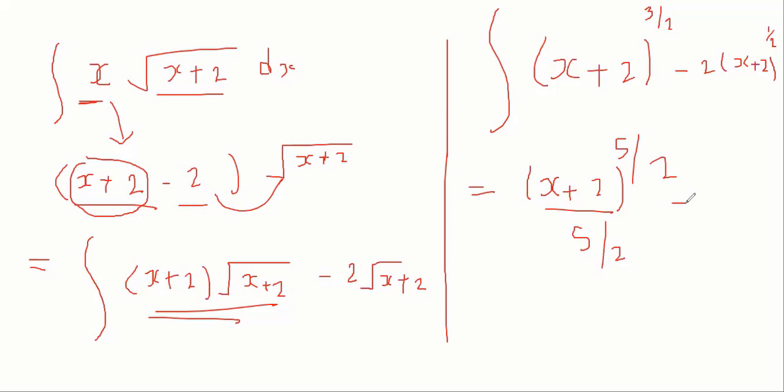Similarly, the integration of x plus 2 power half: half plus 1 is 3 by 2, divided by 3 by 2. That's it. Next time I'm not going to do the integration, because once we form the standard function, it's very easy. You can do it. Our objective is to get the trick. Yes, Tushar.